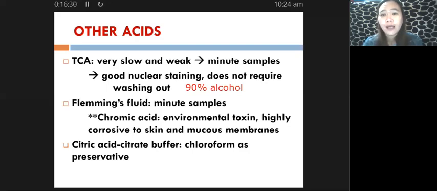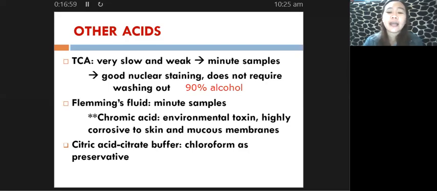You have to avoid splashing it onto your skin, your eyes, your mouth, and so forth, because it is highly corrosive. Of course, you have to wear your PPE. You have to perform the procedure properly.